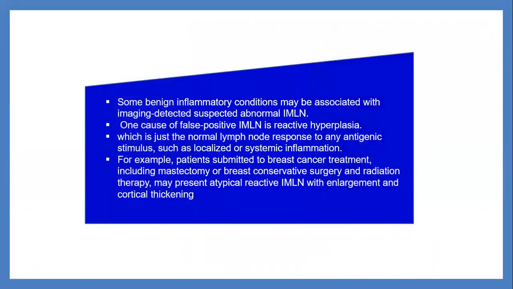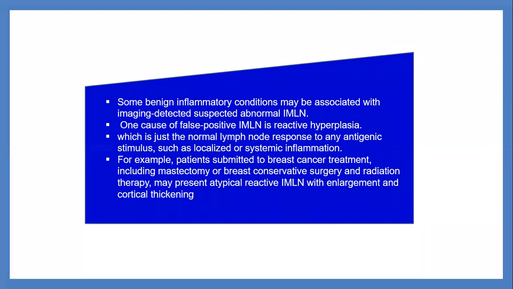So some benign inflammatory conditions may be associated with imaging-detected suspected abnormal intramammary lymph nodes. One cause of a positive intramammary lymph node is reactive hyperplasia, which is just the normal lymph node response to any antigenic stimulus, such as localized or systemic inflammation, or, for example, the patient submitted to breast cancer therapy including mastectomy or breast conservative surgery and radiation therapy.